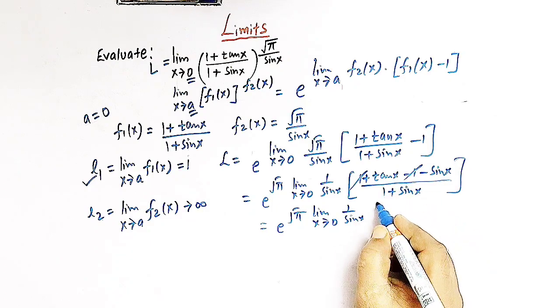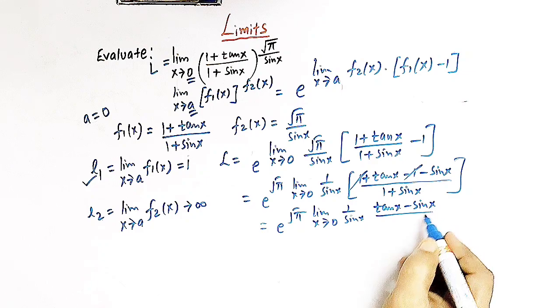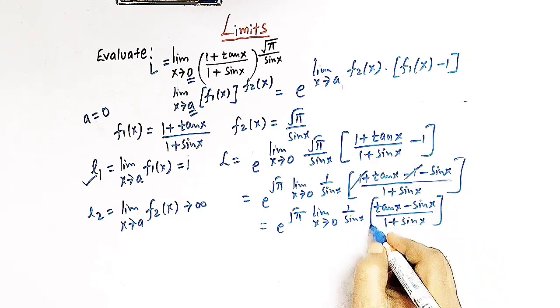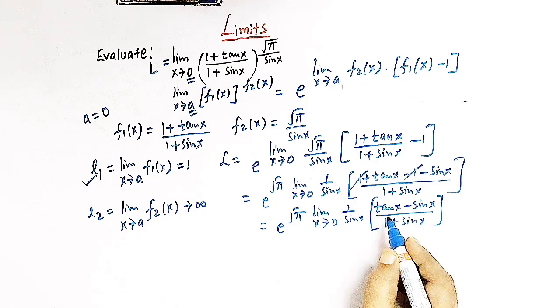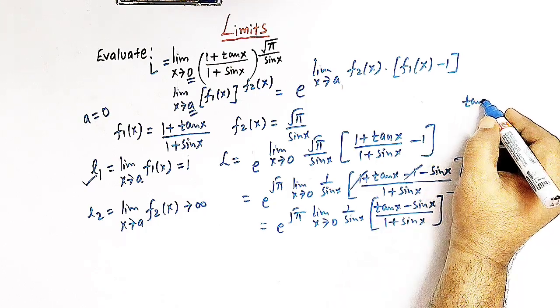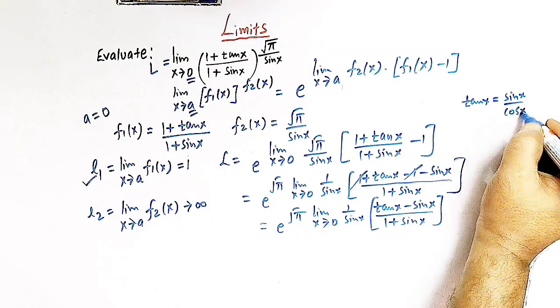Now we are left with tan x minus sin x divided by 1 plus sin x, right? Okay, so now here we can write tan x as sin x over cos x.